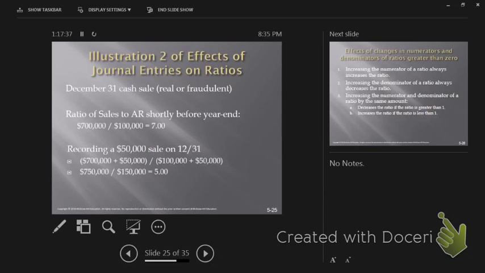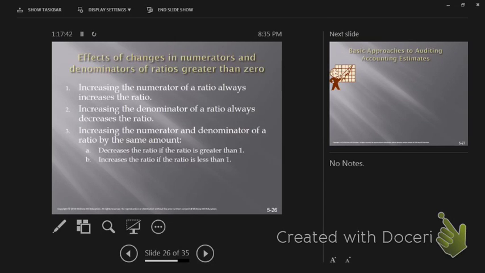So the point is, when you look at ratios, you've got to remember that when the same thing happens to both, it doesn't stay stagnant, right? Sales went up and cash went up and the ratio went down. Sales went up and accounts receivable stayed the same and the ratio went up.